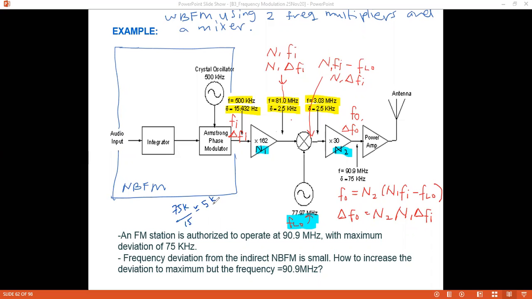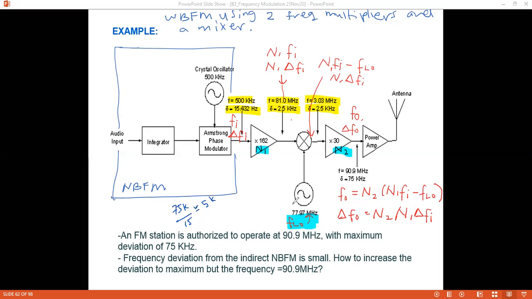If you multiply 5K with 15 hertz, we get 75 kilohertz. But if you multiply 500 kilohertz with 5K, we get 2.5 gigahertz, which is very large compared to what we want.